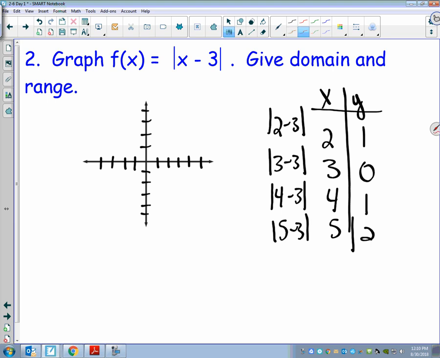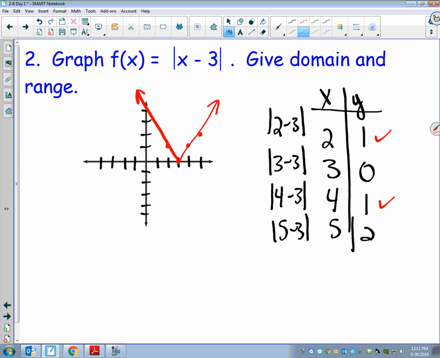And once you see that these repeat themselves, I think that's going to be our shape. That's why it's so important that you know the shape of the graph. So 2, 1 would be 2 on the x, 1 on the y. 3, 0, 4, 1, 5, 2. And again, if you know the shape, as soon as you see where it's turning, you can graph that.